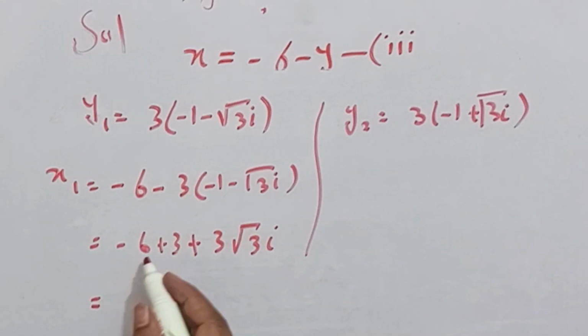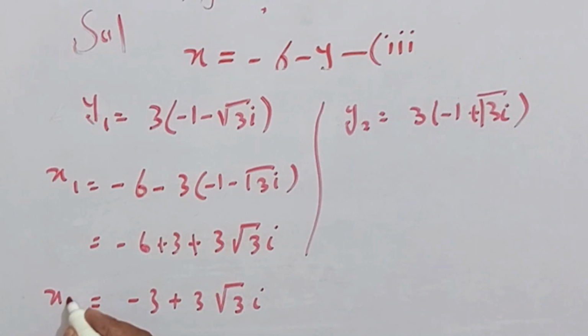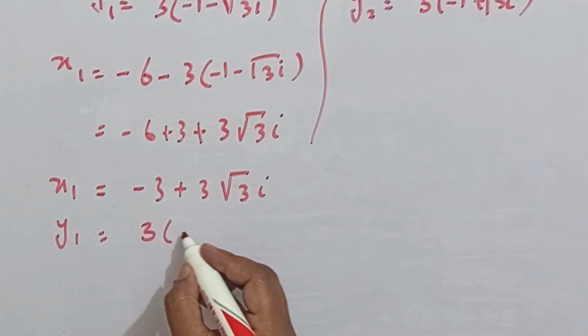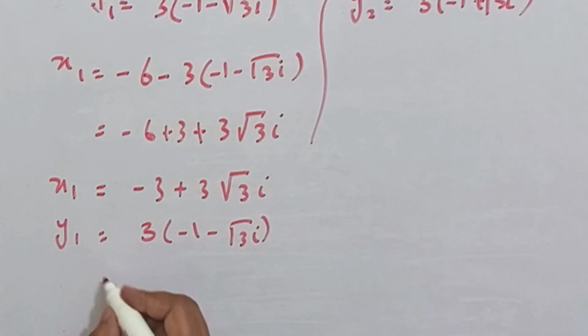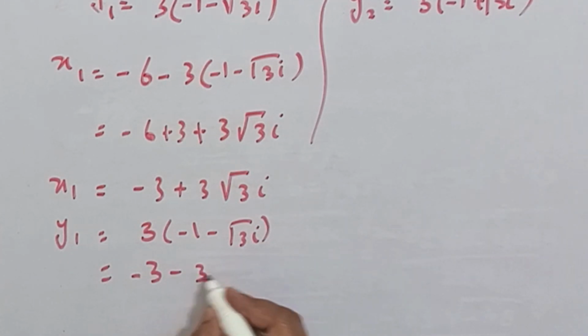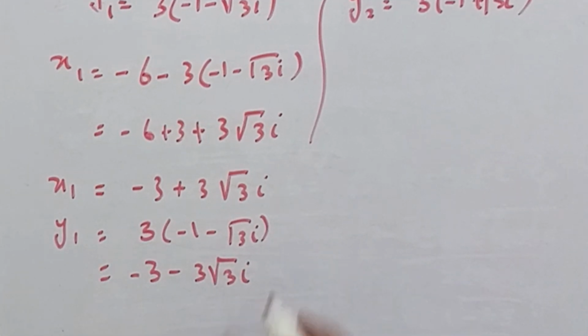So this is negative 6 plus 3, which is negative 3, plus 3 times square root 3 iota. This is the value of x1, and in this case y1 is 3 multiplied by negative 1, minus 3 times square root 3 iota. We also write this as negative 3 minus 3 times square root 3 iota. So this is our one solution.